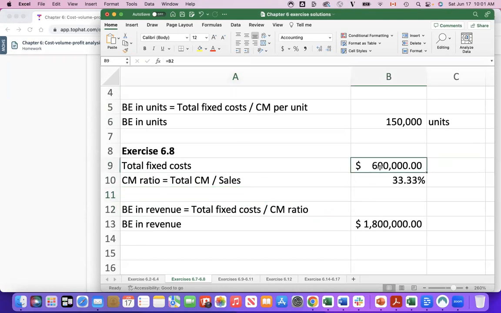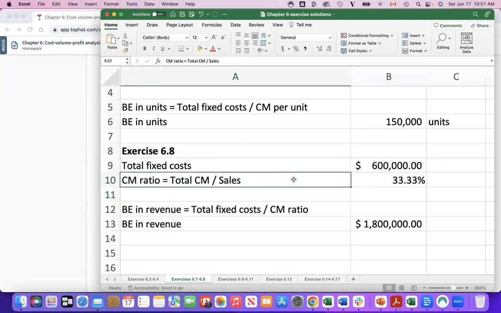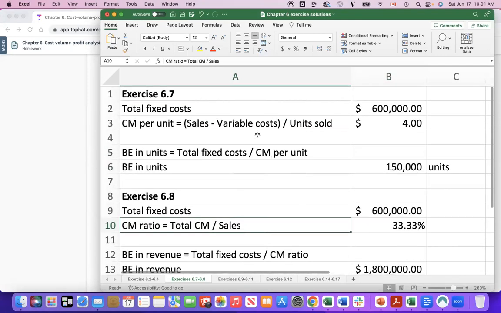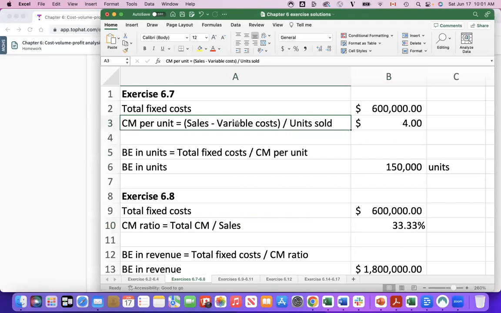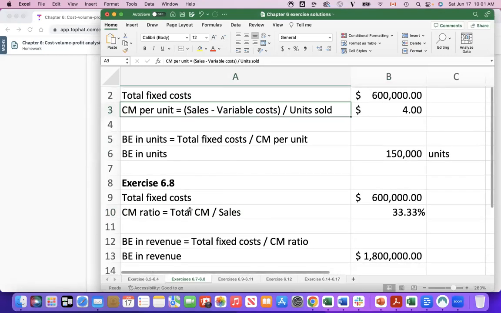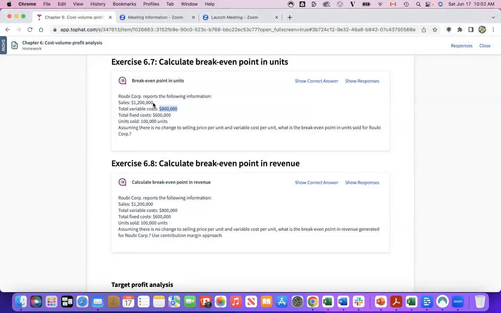Total fixed cost is still 600,000. Contribution margin ratio, remember, is our total contribution margin divided by total sales. So total contribution margin, which we indirectly calculated when we calculated contribution margin per unit, is sales minus variable costs. So again, going back to the question stem, our total contribution margin would be sales of 1.2 million less variable cost of 800,000.